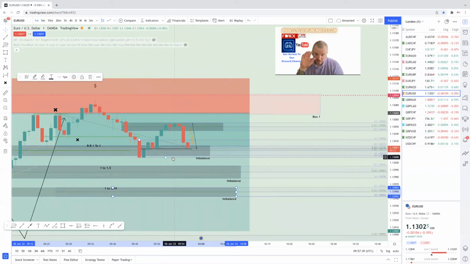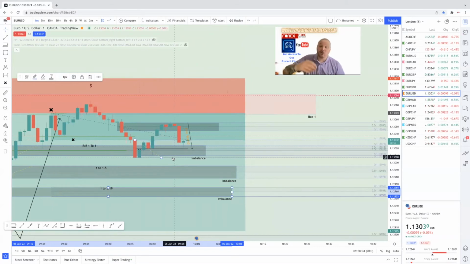Identify structure, identify your swing points, and work from your buy side liquidity and sell side liquidity. If structure holds, you're working within your order block from your high to your low, and as you're getting your price movement within that, you are simply identifying imbalanced areas of where price is going to go, and then you make a directional bias from when you get a reaction off those areas.